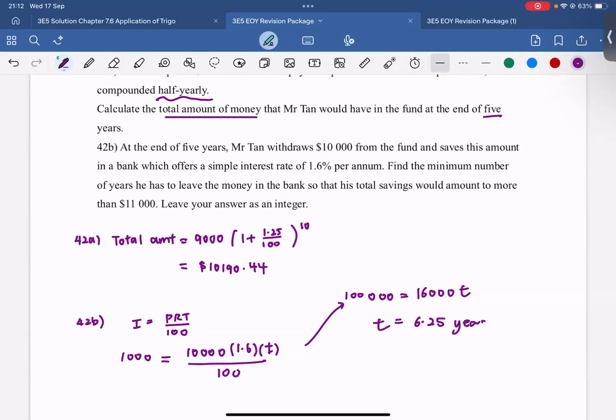So what's the answer? Therefore, the minimum number of years is 7.